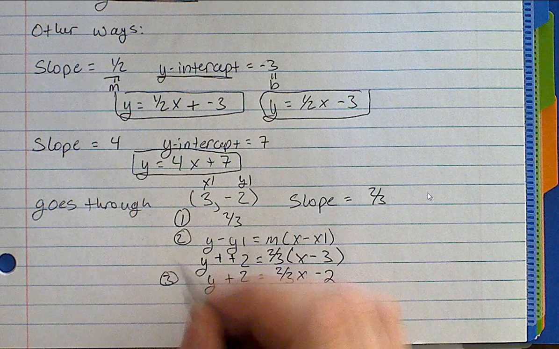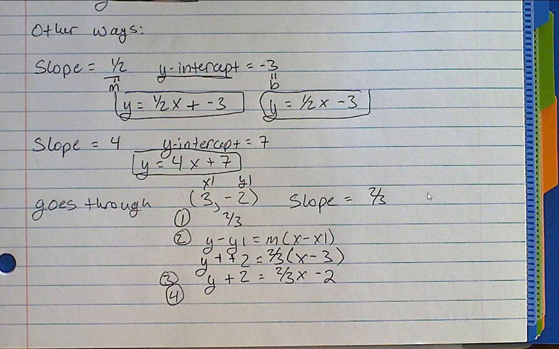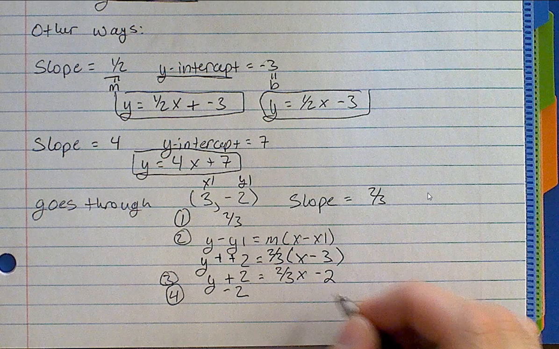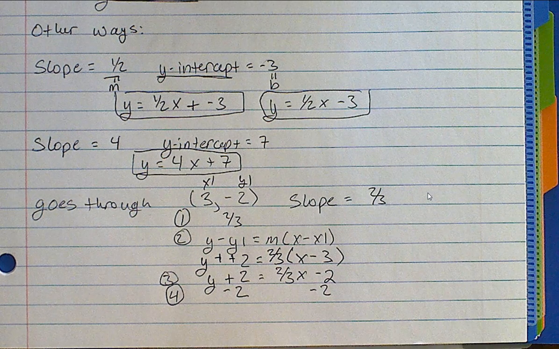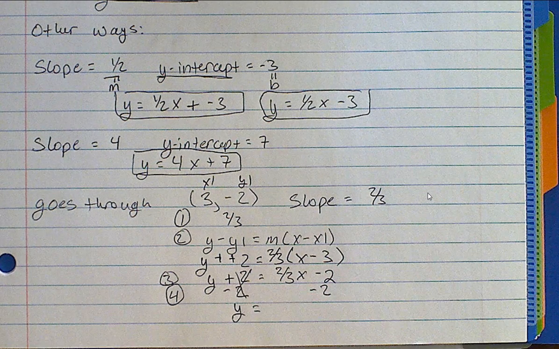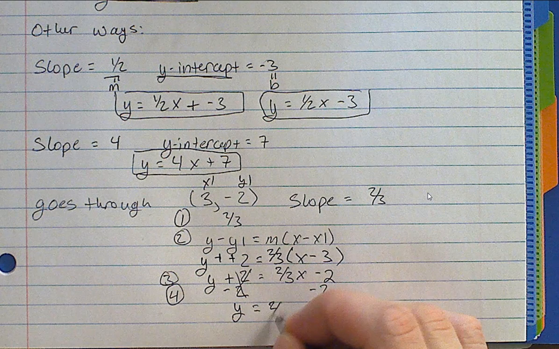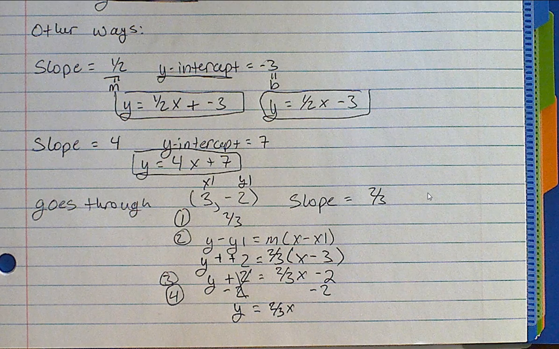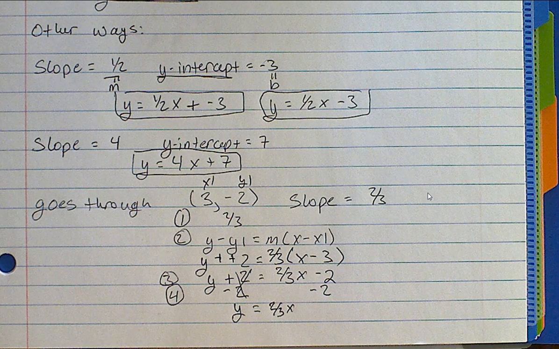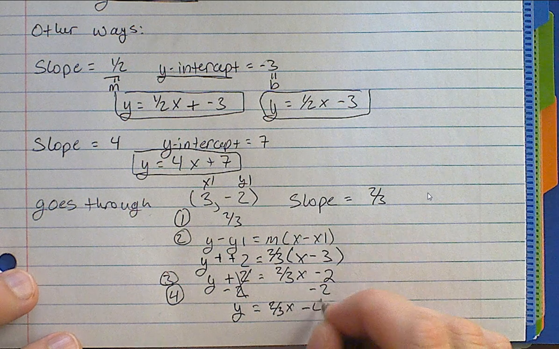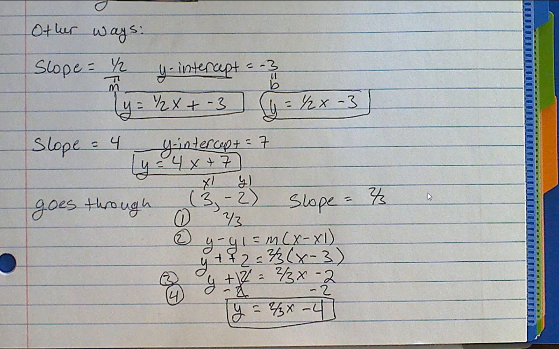Now, final step, step number 4, the coup de grace, the finishing blow. Jesse, how do I get rid of this plus 2 by the y? I minus 2 from both sides, right? Minus 2, minus 2. On the left-hand side, this cancels out, leaving just a y. On the right-hand side, nothing happened to change the x, so it's still 2/3 x. But, Jesse, what is -2 minus 2? -4. Sweet. So there we go.